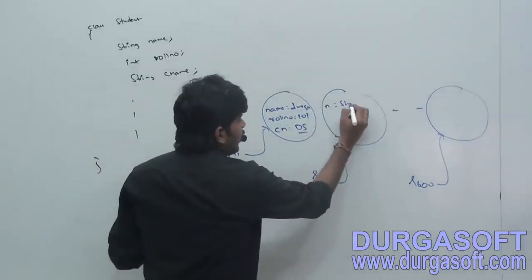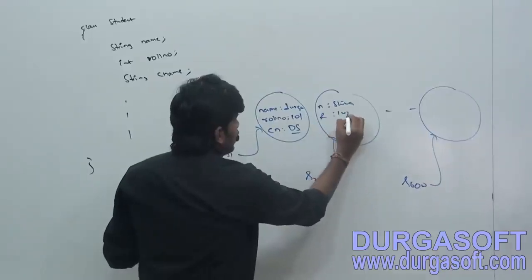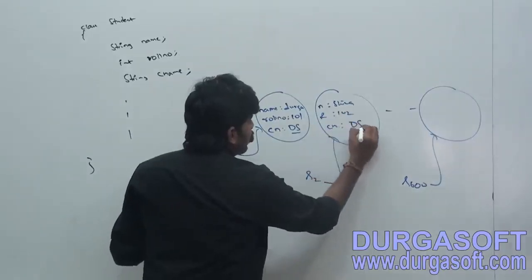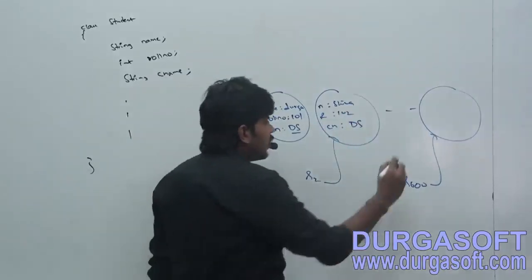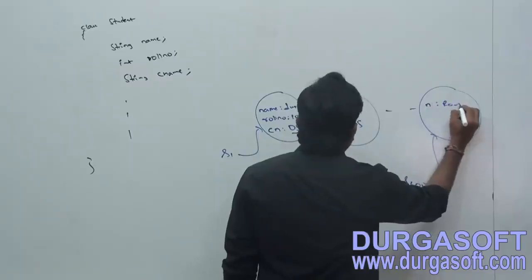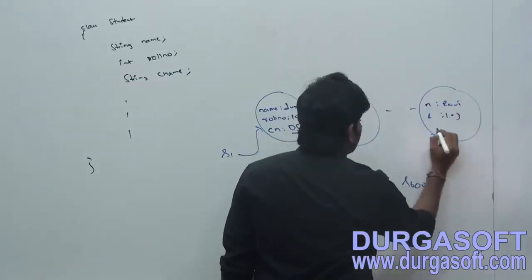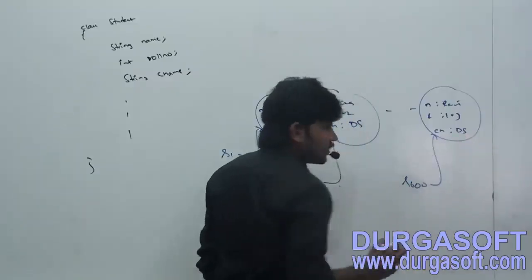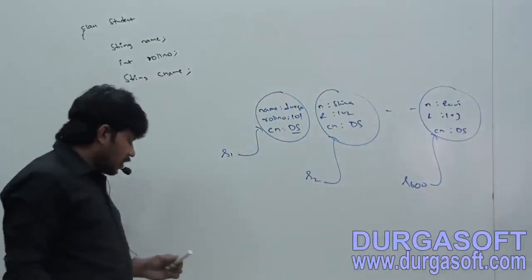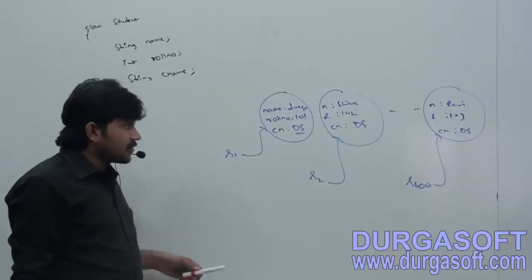Name Shiva, roll number 102, college name Durga Soft. Name Ravi, roll number 103, college name Durga Soft. Now take a bit of very special care.